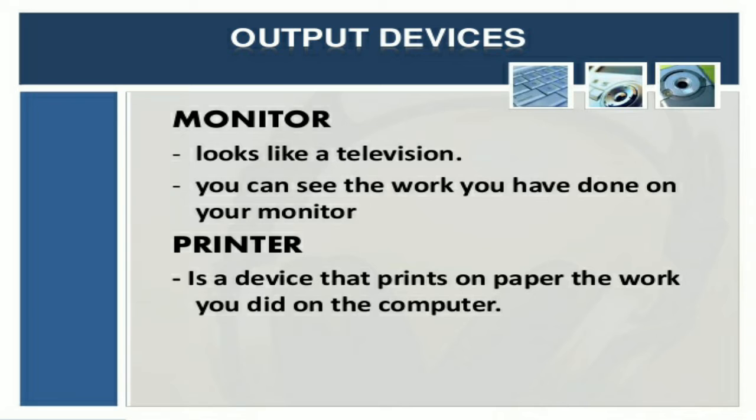And then the printer. A printer is a device that prints on paper the work you did on a computer. The printer is one of the important parts of a computer.